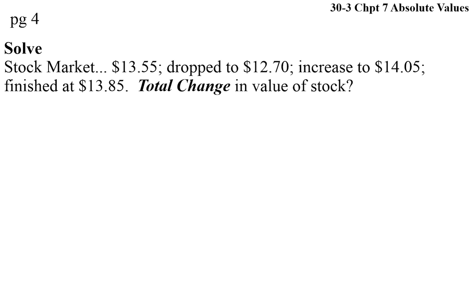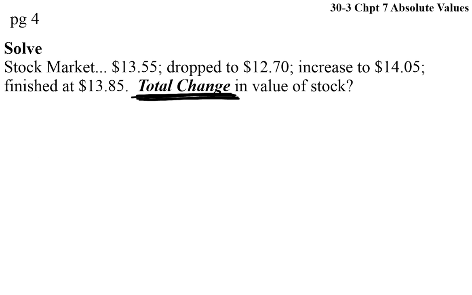Finishes at $13.85. Now, what's important is this question doesn't ask what the final value of the stock is, because the final value of the stock is different than total change. If I want to know total change, I don't care if it's going up or down or whatever. I just want the total of every dollar value that's occurred.